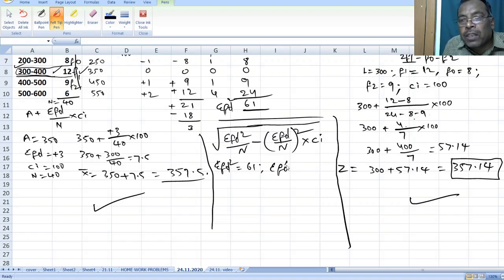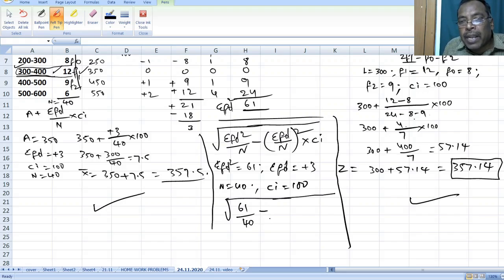Summation FD is equal to plus 3, and N is equal to 40. Class interval is equal to 100. Now apply the formula with these figures. Standard deviation is equal to the square root of summation FD square, 61 divided by 40, minus plus 3 by 40 whole square, into 100.